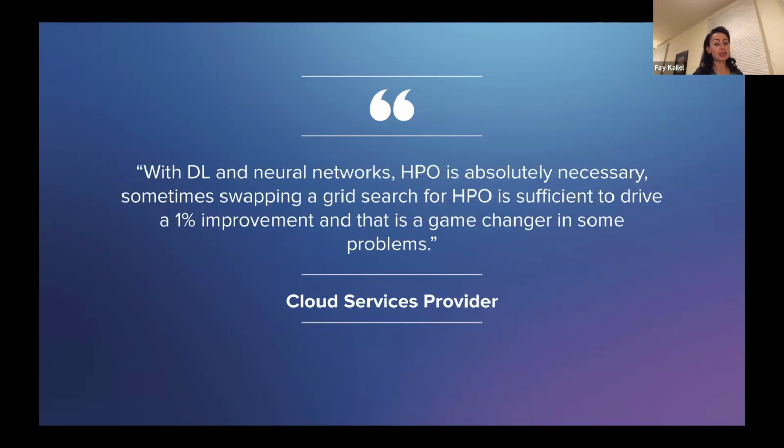Another thing we heard is with deep learning and neural networks, hyperparameter optimization is absolutely necessary, because it really delivers a significant impact with a fraction of improvement. You can have significant changes to the underlying business decisions that are being driven by the ensemble of models.